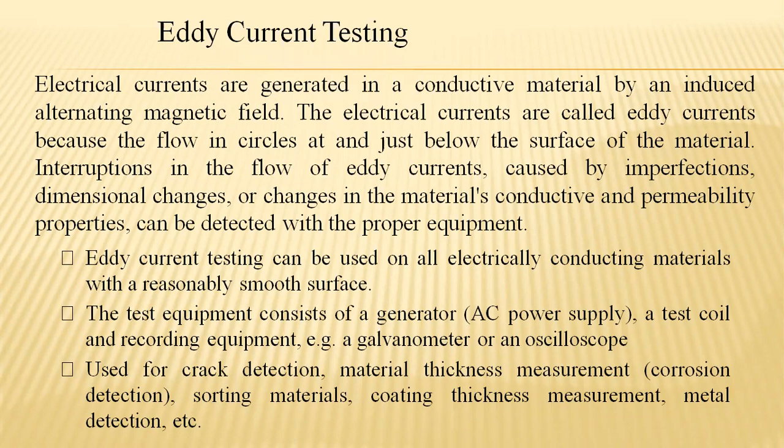Hence the test equipment consists of an AC power supply, an AC generator, a test coil, and recording equipment. This recording or displaying equipment is the oscilloscope we just discussed. Even in place of the oscilloscope, a galvanometer can be utilized.